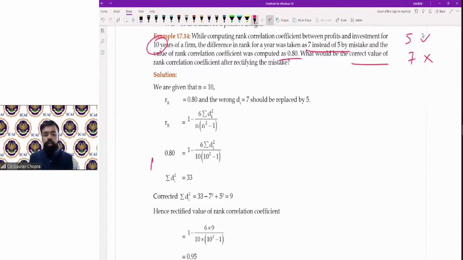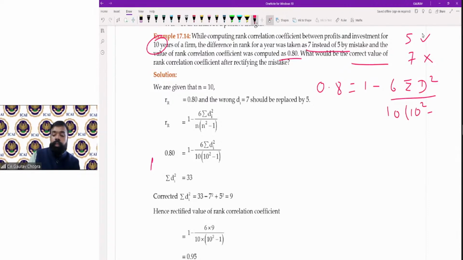तो फर्स्ट वैल्यू जो आपने यहाँ पे पुट किया है दैट इज 0.8 is equal to 1 minus 6 sigma d square upon n, which is 10 into 10 square minus 1.